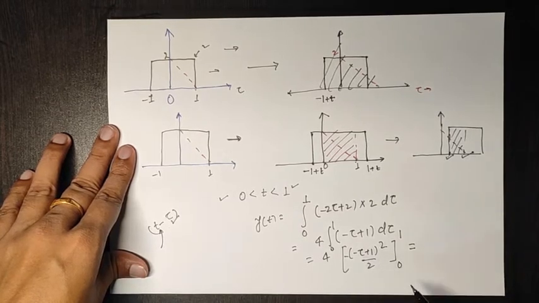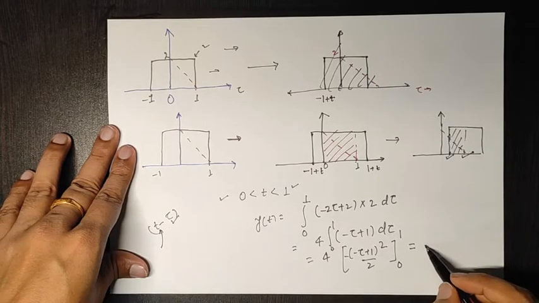Put 0, it will be 1, and when you put 1 it will become 0, then the answer will be 2.